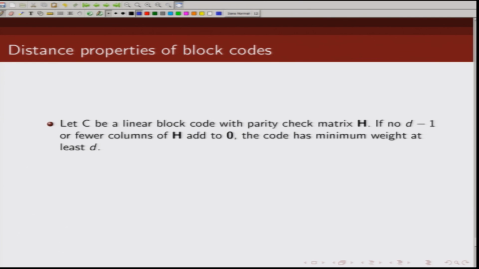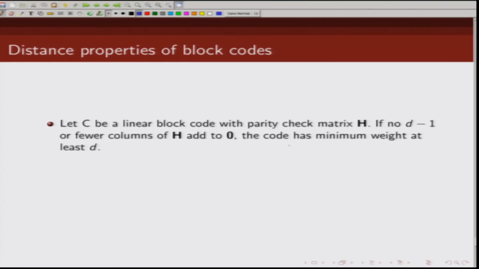If C is a linear block code with parity check matrix H, and if no D minus 1 or fewer columns of the parity check matrix add up to 0, then the code has a minimum weight of at least D. So, the minimum distance of the code is at least D if the vector sum of D minus 1 or fewer columns of this H matrix does not add up to 0.